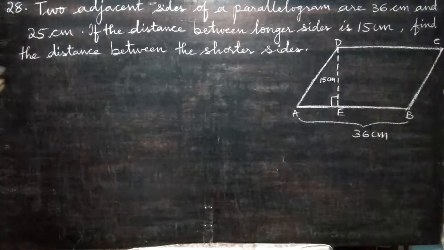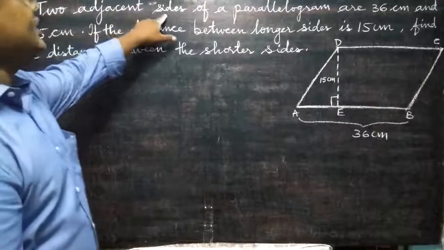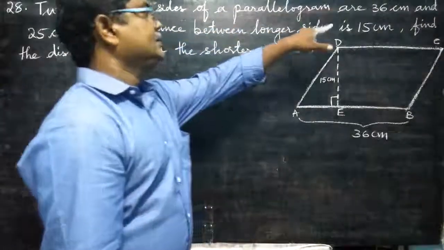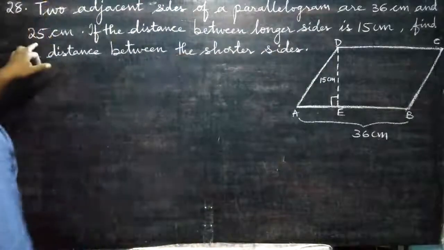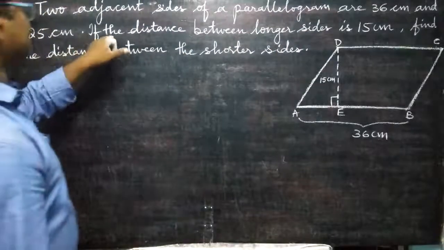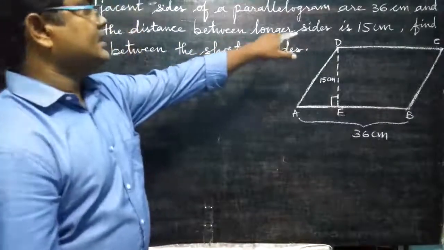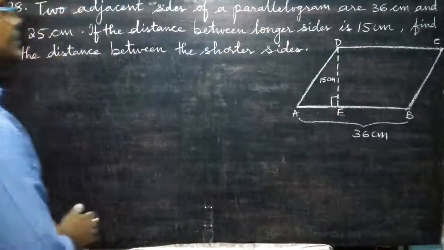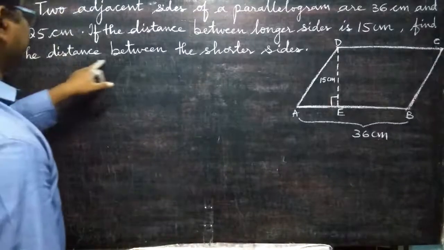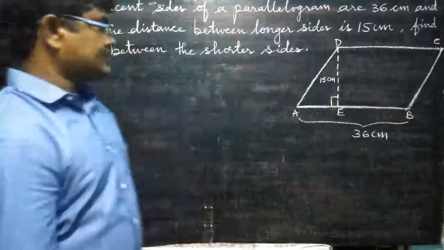28th problem. Two adjacent sides of a parallelogram are 36 centimeters and 25 centimeters. If the distance between longer sides is 15 centimeters, find the distance between the shorter sides.